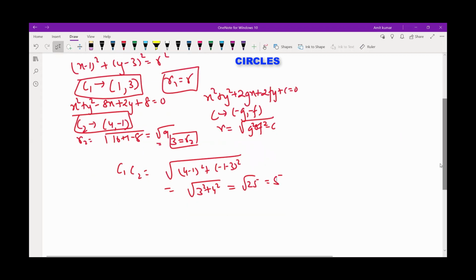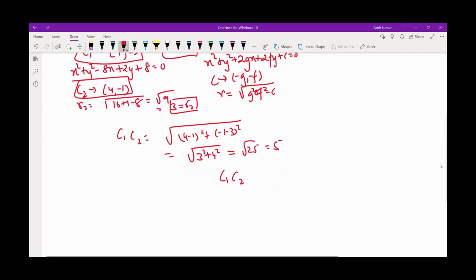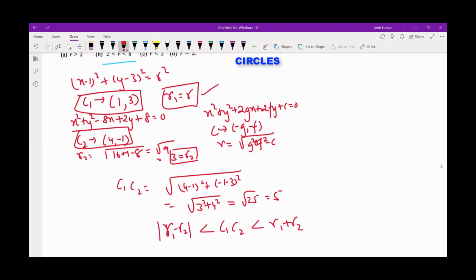And according to that result, C1C2 is in between r1 plus r2 and mod of r1 minus r2. So r1 is here r, r2 is here 3, and C1C2 is here 5. So when I use these values here, I get 5 is greater than r minus 3, and 5 is less than r plus 3.